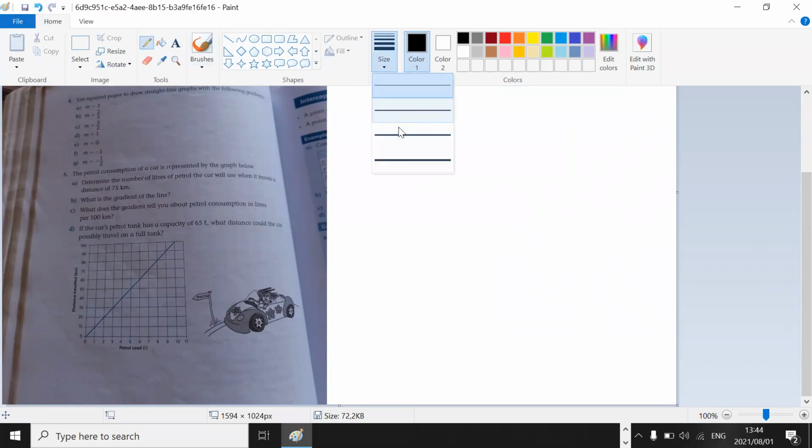The second question says, what is the gradient of this line? So the gradient of the line, we calculate it by using information from the straight line. We check where this straight line starts. So this straight line starts when x is 0 and when y is what?